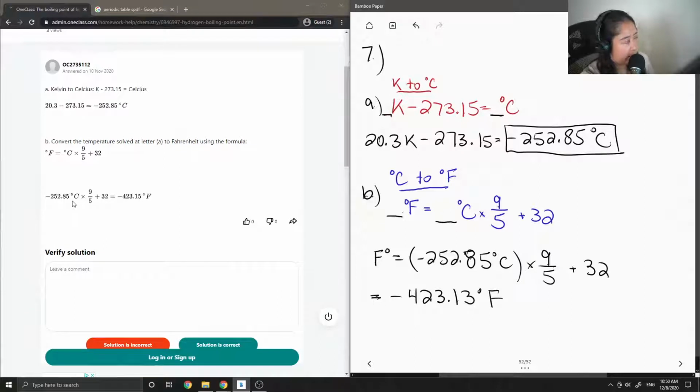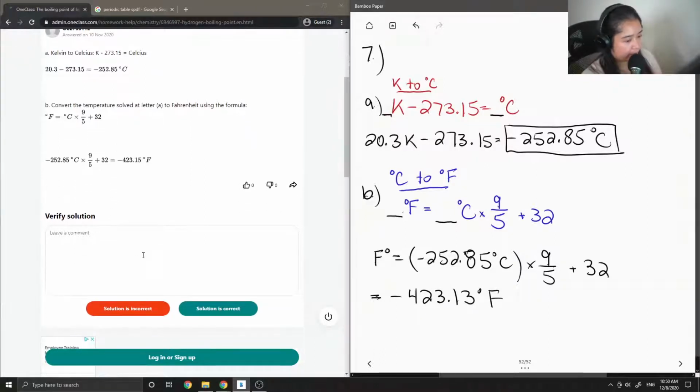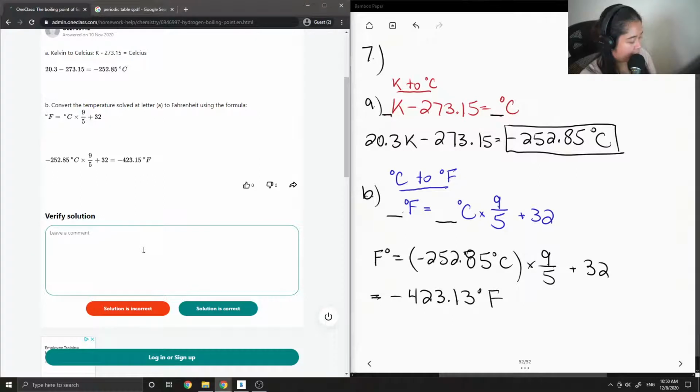So negative 252.85 times 9 over 5 plus 32 is equal to negative 423.15. Yeah, so pretty much the same thing I got as well. So this solution is correct.